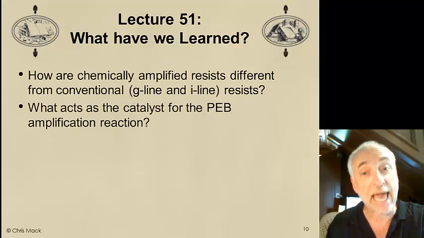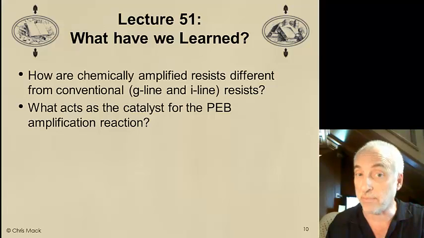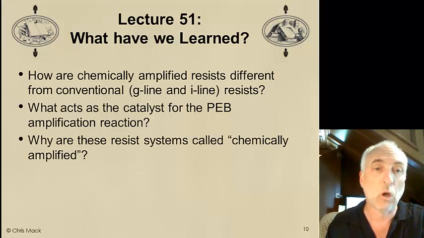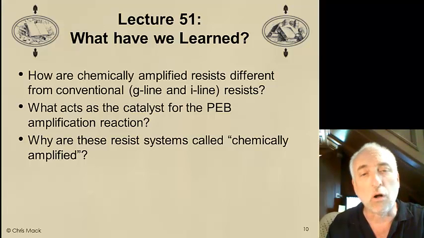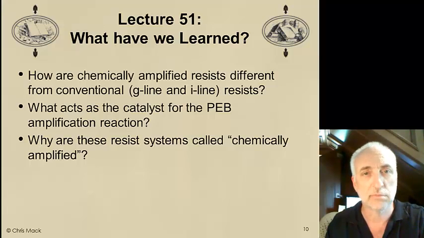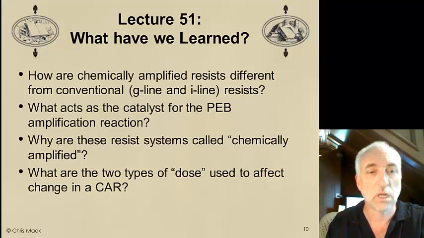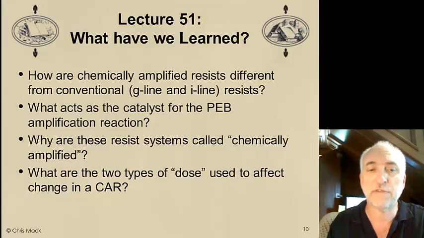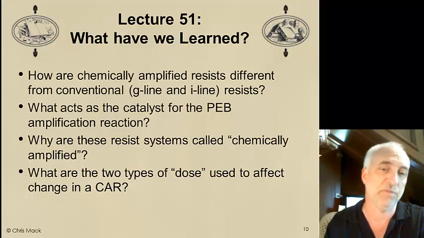What acts as the catalyst for the PEB amplification reaction? Why are these resist systems called chemically amplified? What does that phrase mean? And what are the two types of dose used to affect change in a chemically amplified resist?